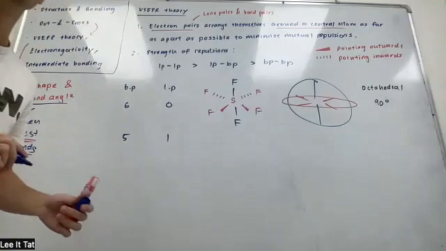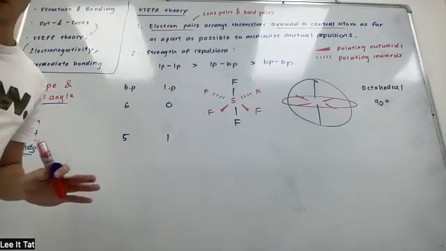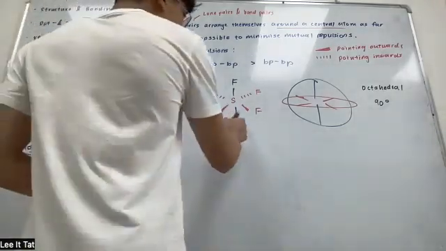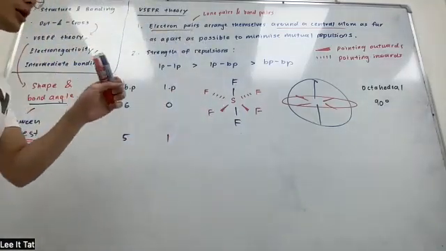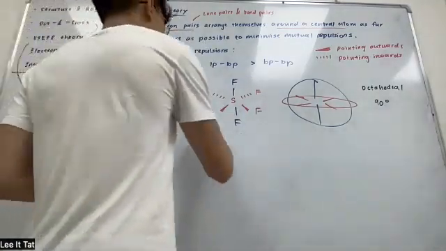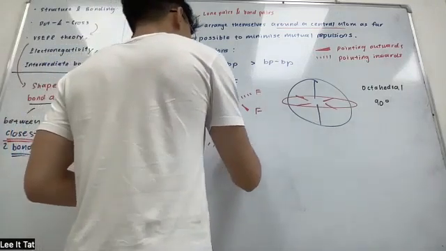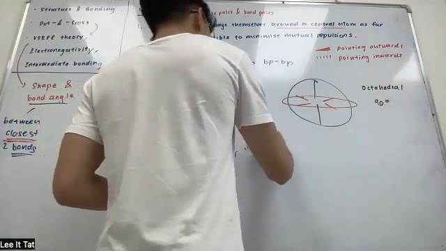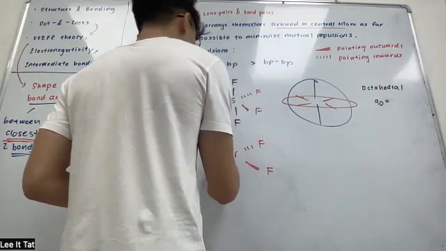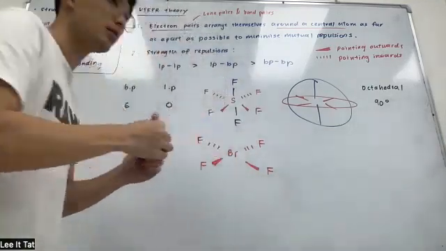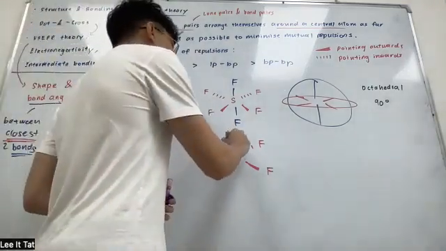5-1 is not that important. Because for 5-1, we have something very similar, but instead of the bottom F, I'm going to remove the South Pole. The North Pole is still there.